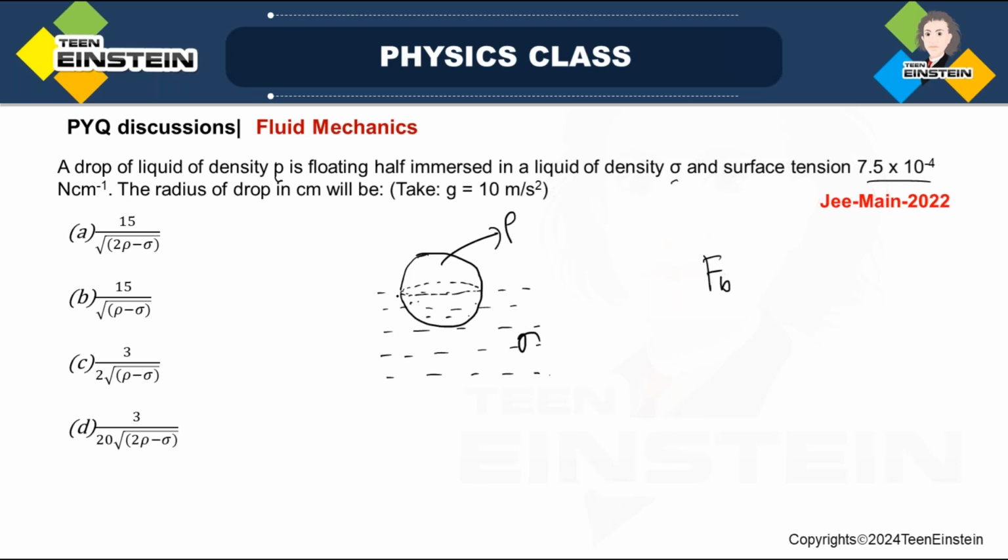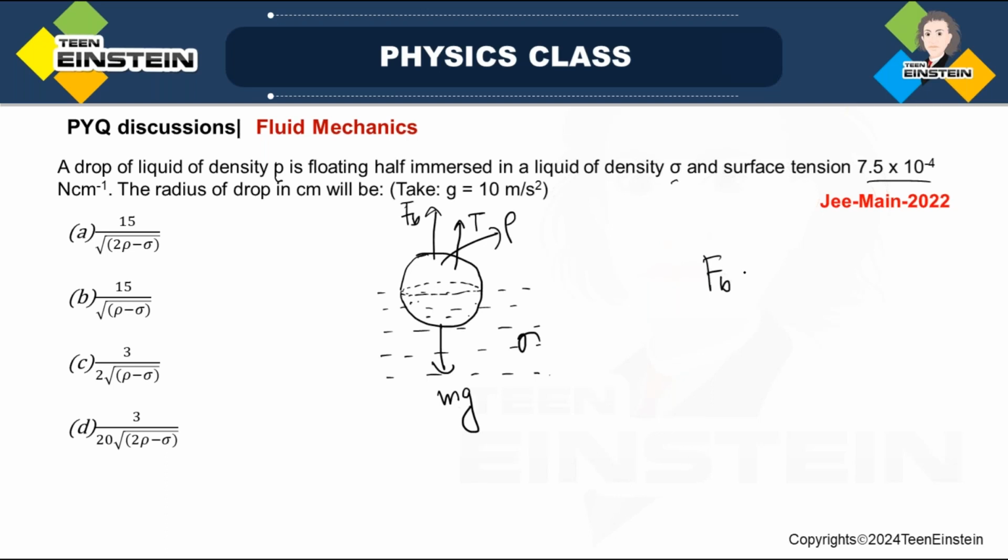Buoyant force will be acting in the upward direction, weight will be acting in the downward direction. In the normal case also the same thing happens, but in this case there is surface tension as well. So surface tension will also act here in the upward direction. I can say this is surface tension T and this is FB. It is floating half immersed, which means this is an equilibrium situation.